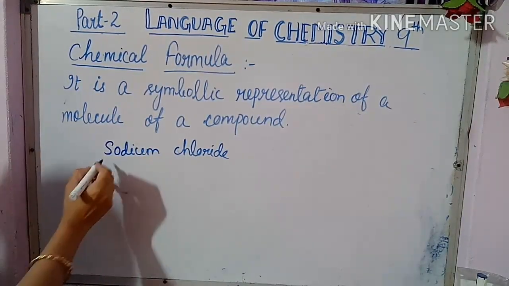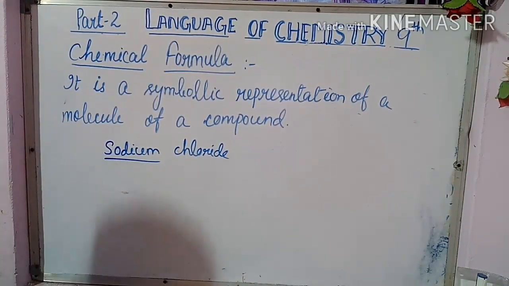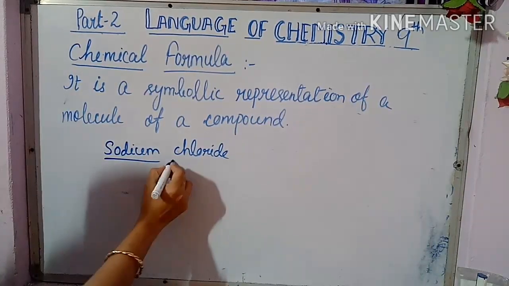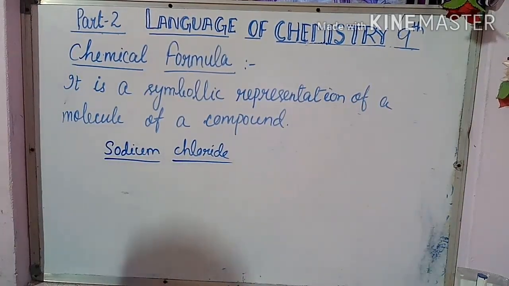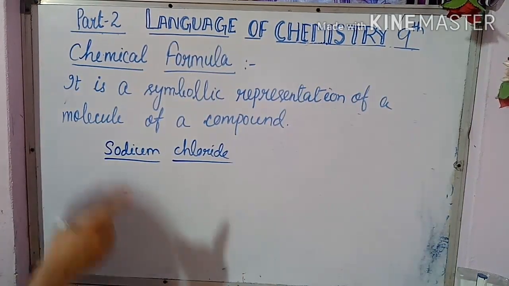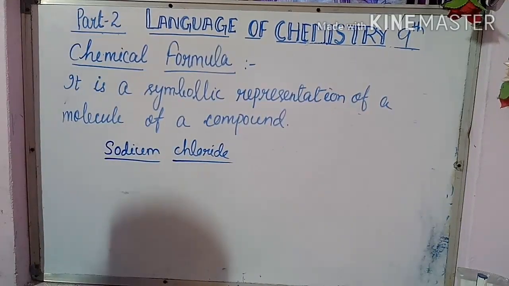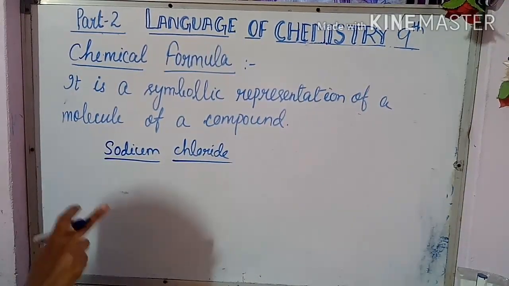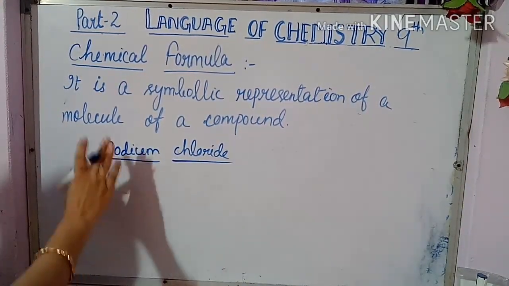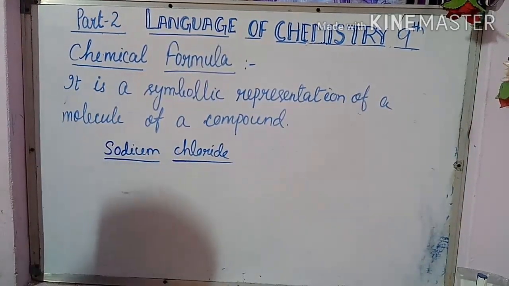As you know, sodium is a positive or basic radical. Chloride is the acid radical. In the ionic or electrovalent bond, there is always a combination of a positive radical and a negative radical.